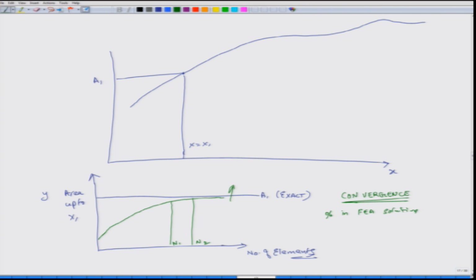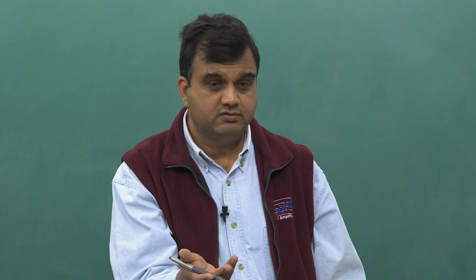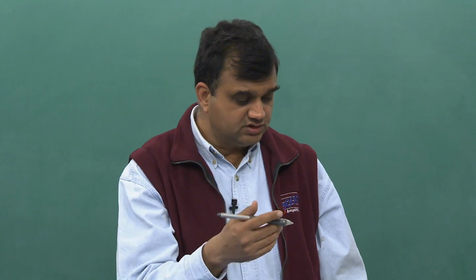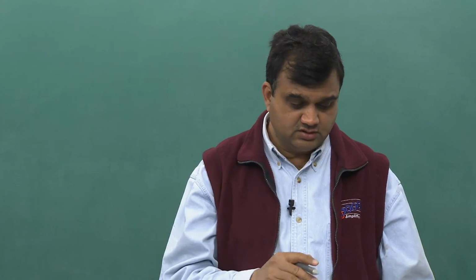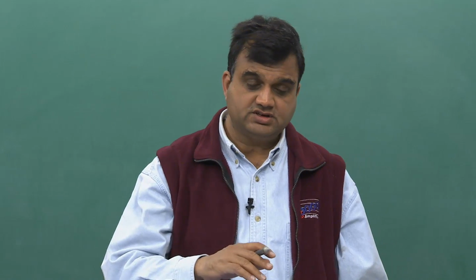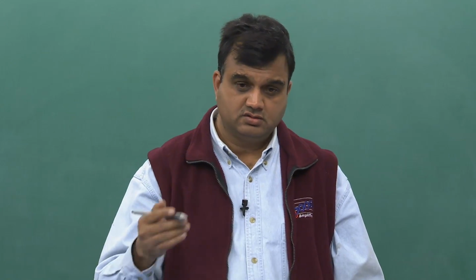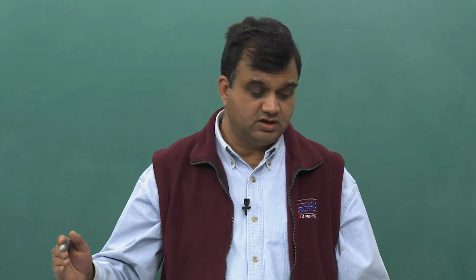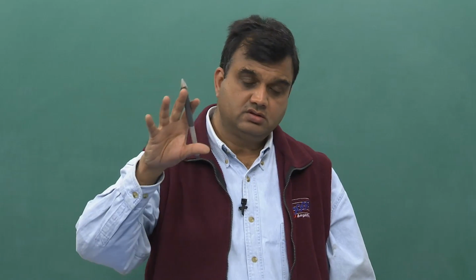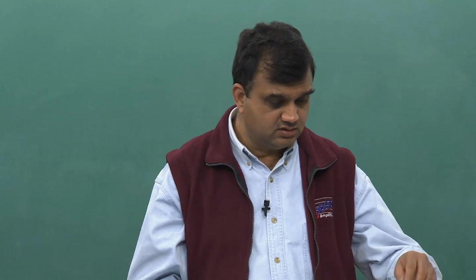If it changes 0.01%, I am probably perfectly fine with that kind of solution. So, this is what is known as convergence, and convergence is always related to how many elements we have used. As number of elements increases, we approach the actual solution.